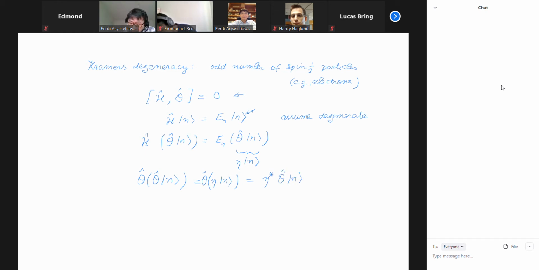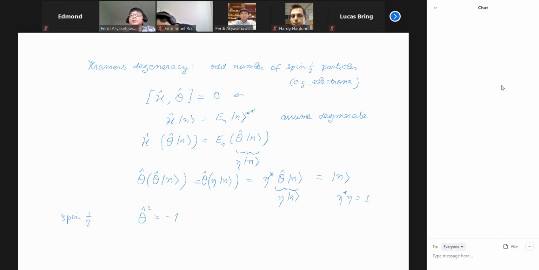But Θ|n> is equal to eta times |n>, so this becomes just the state |n>, because these are just phase factors, so it's equal to +1. But we know from the previous result that if the system is half-integer spin, then this should be equal to -1.